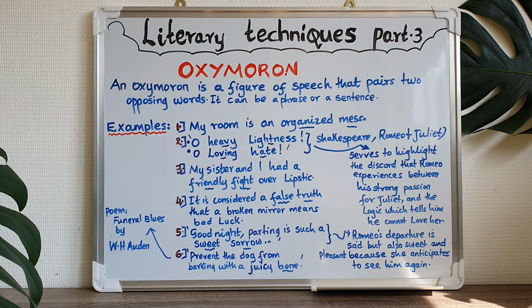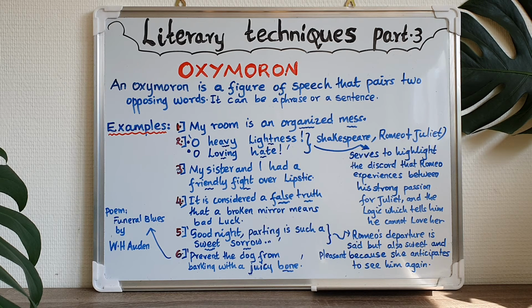Okay? Now, let us move on to the last example of an oxymoron, and that is prevent the dog from barking with a juicy bone. Now that is a line which you can find in the poem Funeral Blues by W.H. Auden.